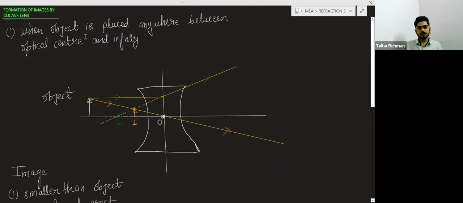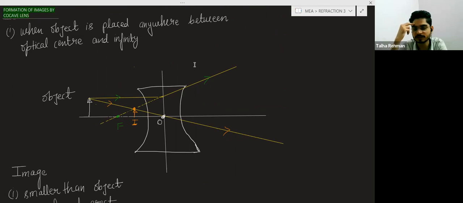All of you just note it down and draw the ray diagram properly. I have told you the rules because I know that these rules will be used in the image formation every time. And I means image.